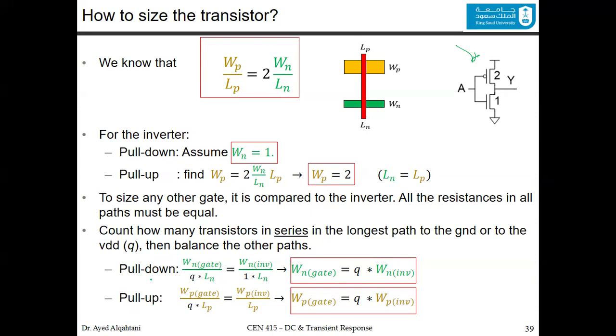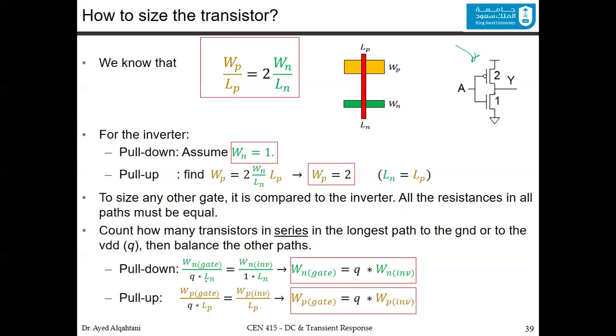The pull down, remember, we are comparing to the inverter. So you'd say that the Wn of your gate, your circuit, divided by Q, the value of the series shown down, times Ln, is equal to the Wn of the inverter divided by 1 times Ln. Why 1? Because you have only one transistor in the pull down network connected to the ground.